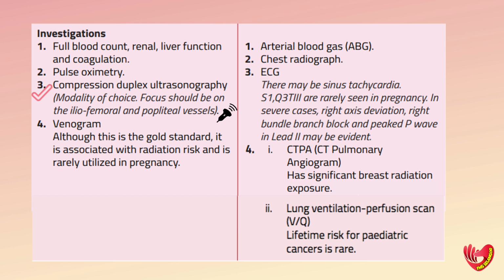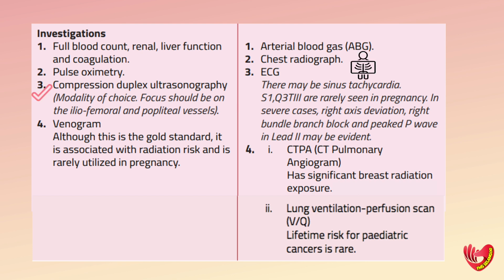For venogram, although this is the gold standard, it is associated with radiation risk and hence is rarely utilized in pregnancy. On the contrary, pregnant and postpartum mothers who clinically present with pulmonary embolism will need to have arterial blood gas done, along with chest radiograph and ECG for further assessment.